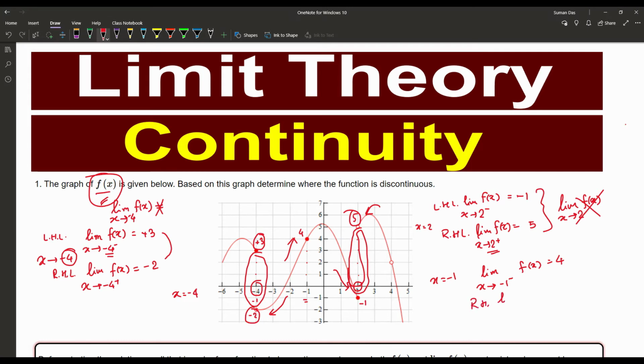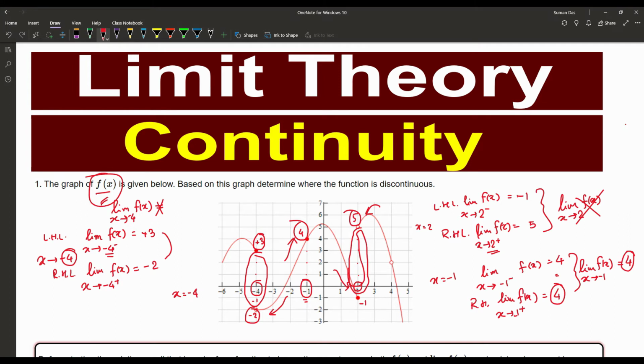For the right hand limit as x approaches minus 1 plus, f(x) gives us the same value, 4. So when the left hand limit and the right hand limit exist and have the same value, the limit as x approaches minus 1 of f(x) exists and equals 4, and the function f is continuous at the point minus 1.